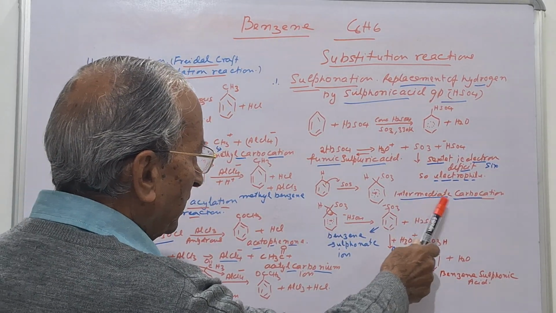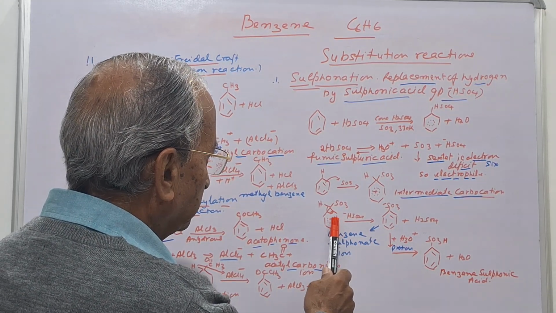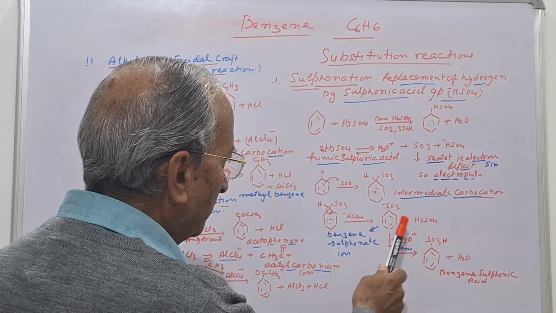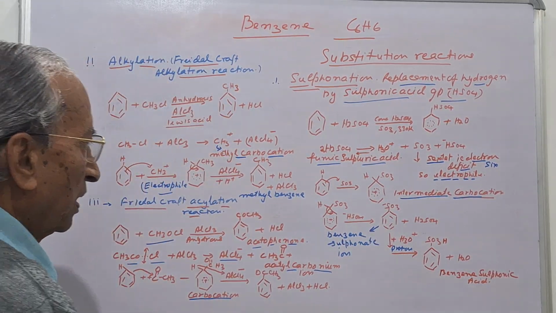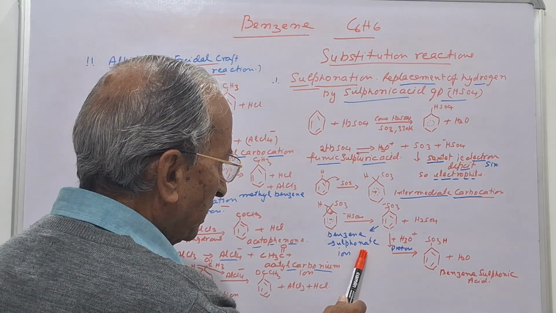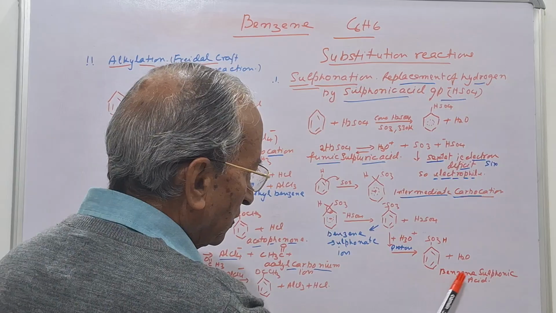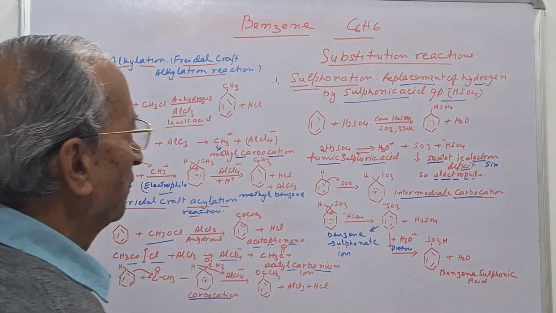Now this intermediate carbocation loses one hydrogen and forms sulfuric acid and the benzene sulfonate ion. This benzene sulfonate ion takes a proton from the hydrogen ion and forms benzene sulfonic acid, and water is formed.